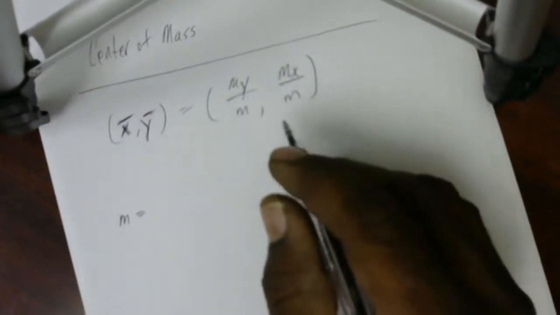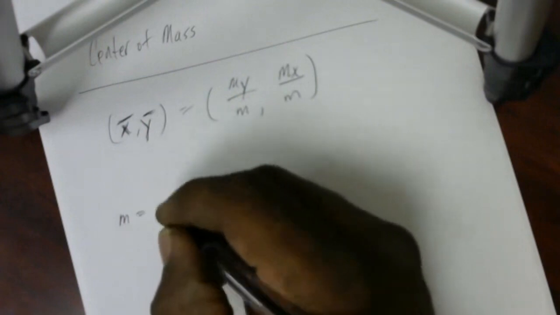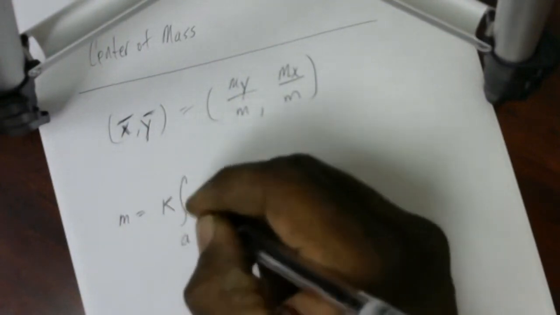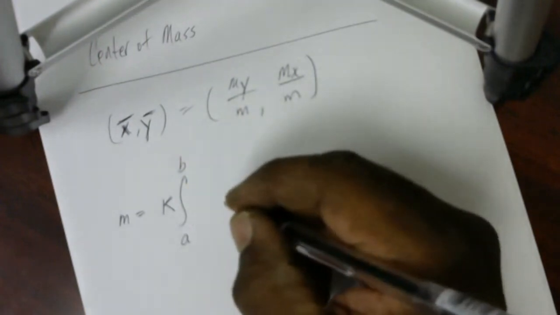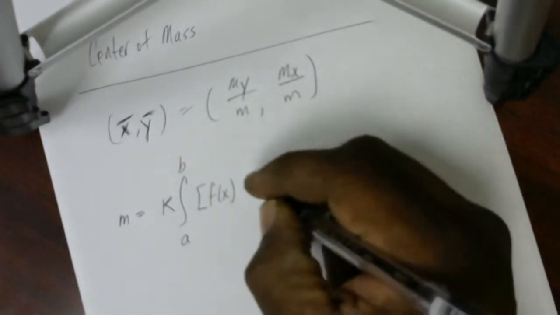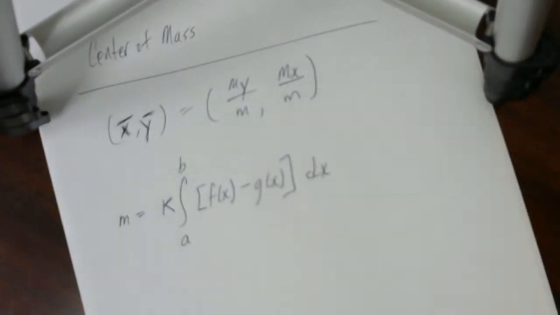Before we could just add up our masses, but in these instances, M is equal to K times the integral from A to B of f of x minus g of x dx.